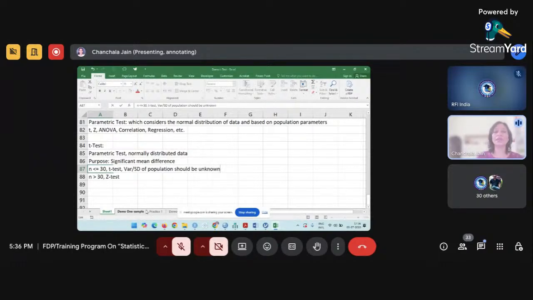So the two major conditions which can help us decide whether the t-test is applicable or not: when the sample size is less than or equal to 30, and when the standard deviation or the variance of the population is unknown, in that case we are using the t-test. And when the sample size is greater than 30 and the variance or the standard deviation of the population is known, we are using the z-test, right? So these are the two conditions which can help us decide which test we need to apply.